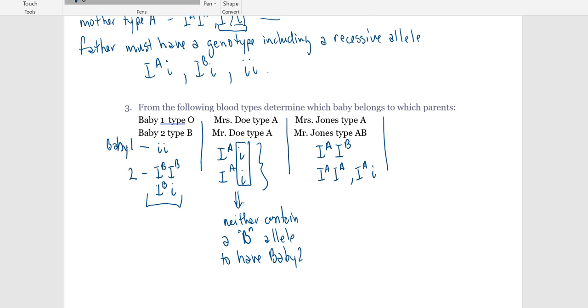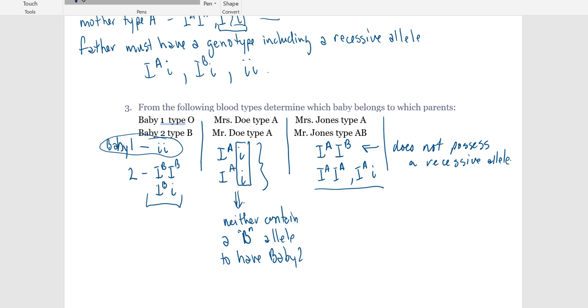And if you tackled it from this, you're in the same scenario that in this case, neither of those parents could produce baby number one because the father, who is AB, does not possess a recessive allele. And so therefore the child would not be able to inherit two recessive alleles, and so they couldn't be the parents of baby one.